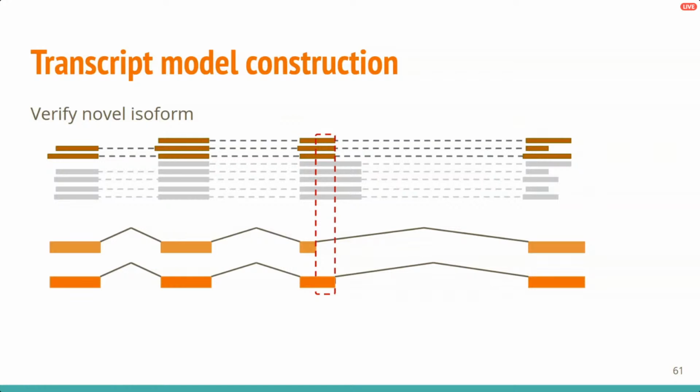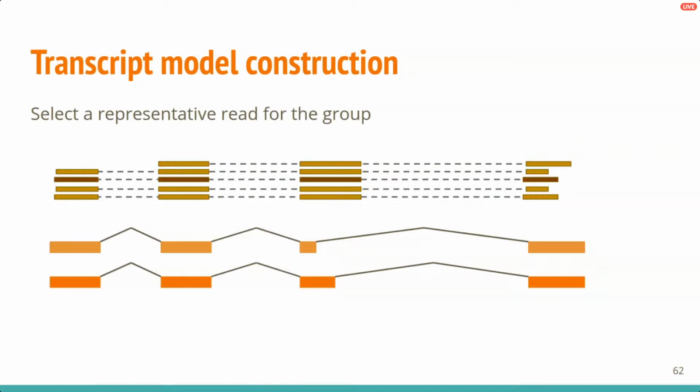We say, yeah, those reads showed us that they belong to this novel isoform. We don't need them anymore. We consider only the rest of the group, which supported neither the original isoform nor the new one.